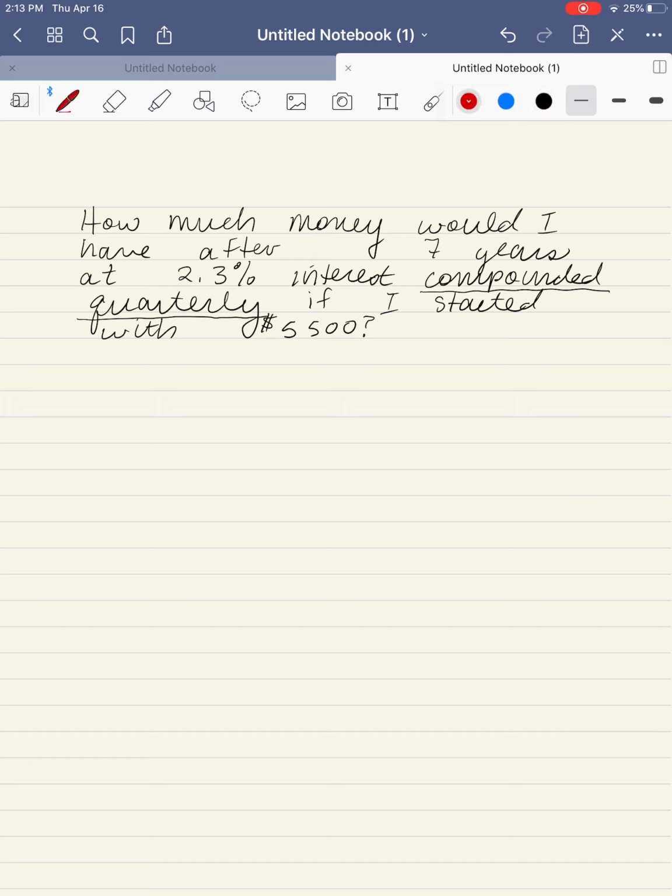So I need to figure out what each of these statements is telling me. So if I say, how much money would I have? That's saying, how much money will I have in the future? So that's telling me that the future value is what I'm looking for. It's what I don't know.